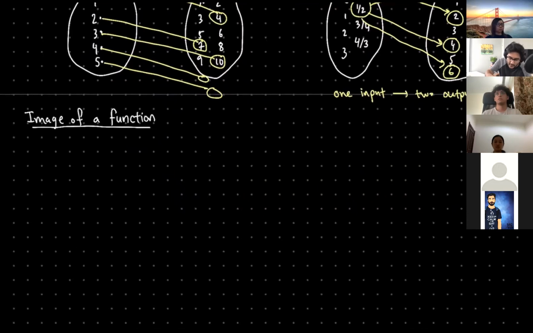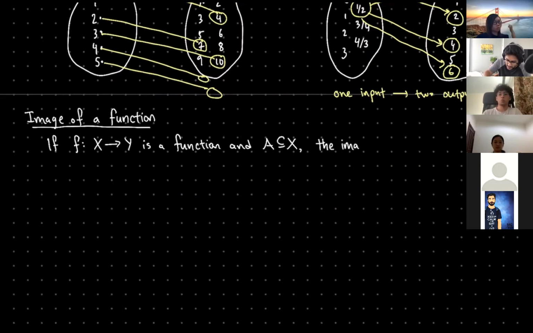So let me define the image of a function. If f is a function from X to Y, and A is a subset of X, we define the image of A under f to be, and there's really one definition, but you can interpret it in two ways.